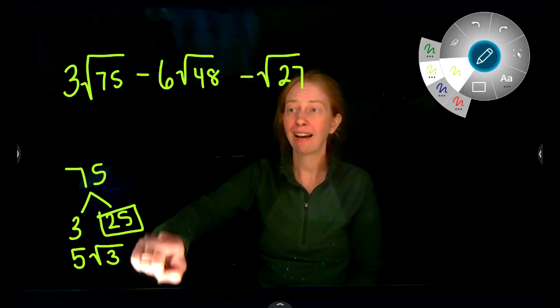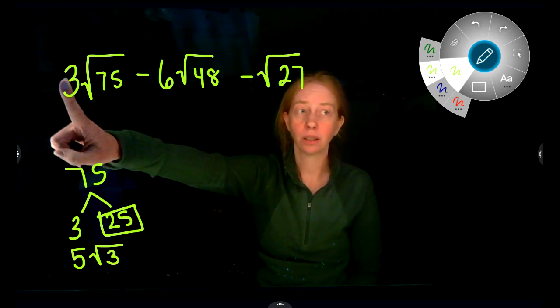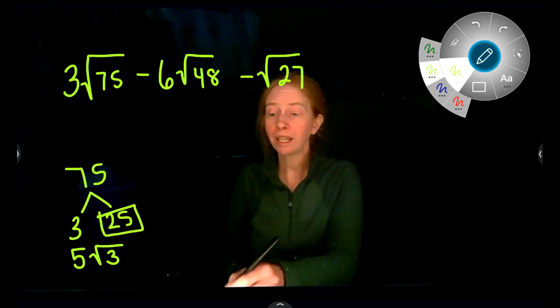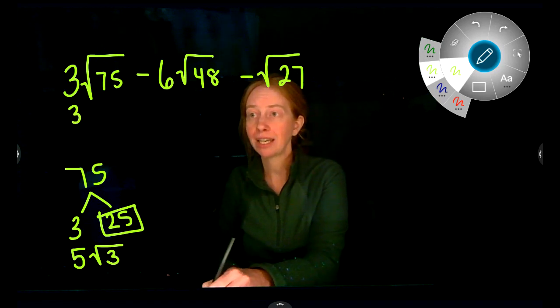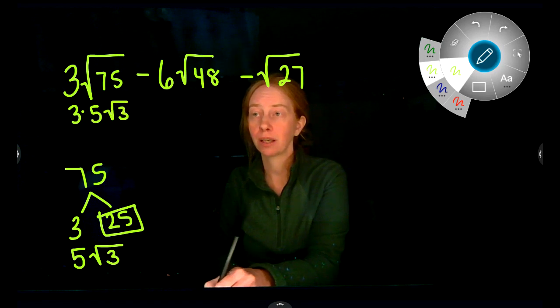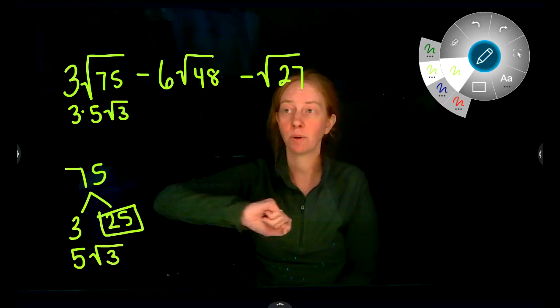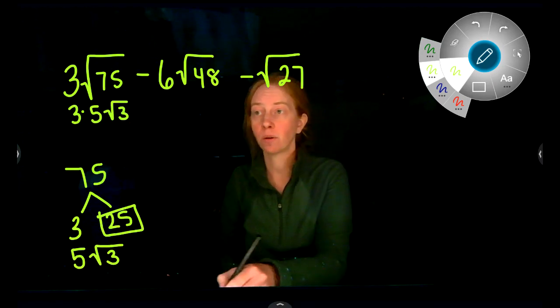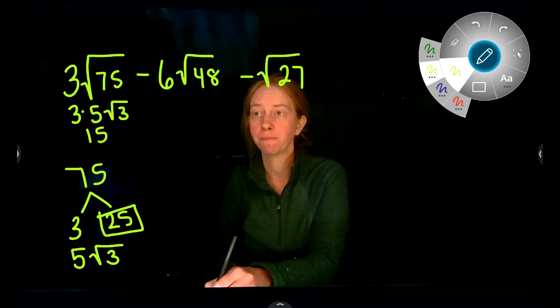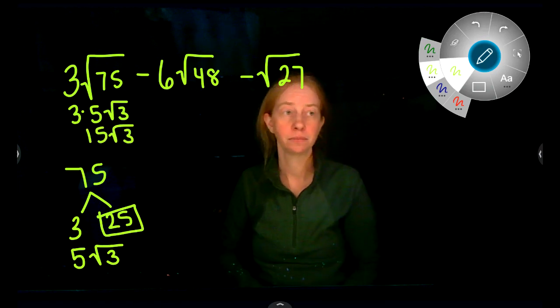But look, I've already got this 3 out here. So really this becomes 3 times 5 times the square root of 3, because the square root of 75 is 5 times the square root of 3. Still got that 3, so I'm going to change this to 15 square root of 3.